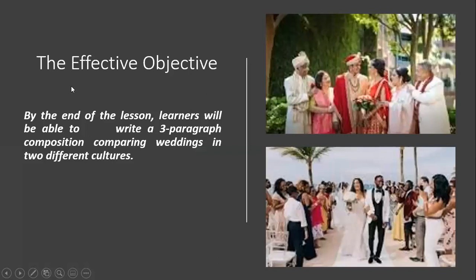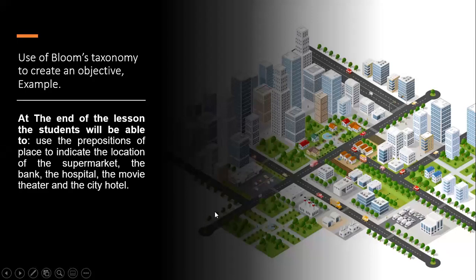Let's check this one. By the end of the lesson, learners will be able to write a 3-paragraph composition comparing weddings in 2 different cultures. You see? But use of Bloom's taxonomy to create an objective.